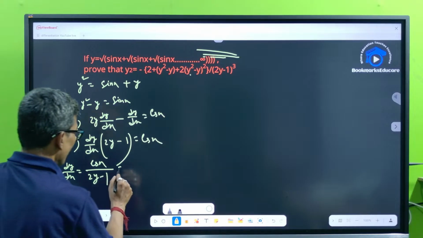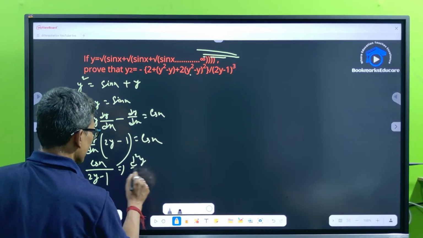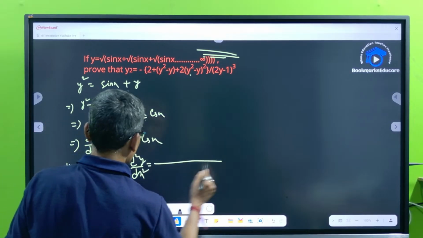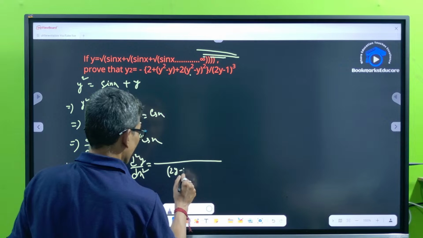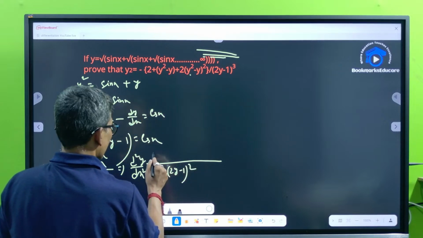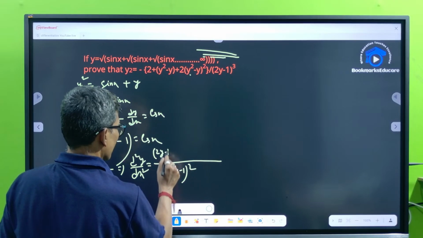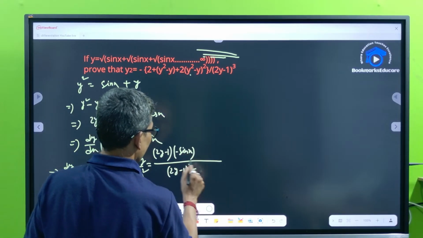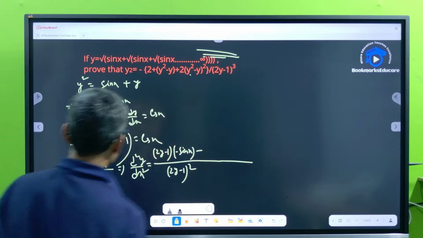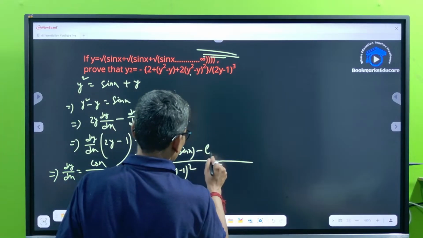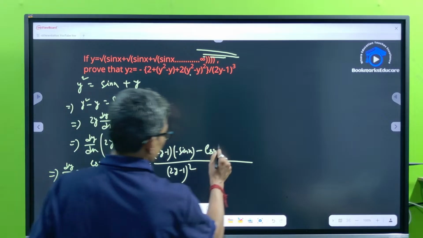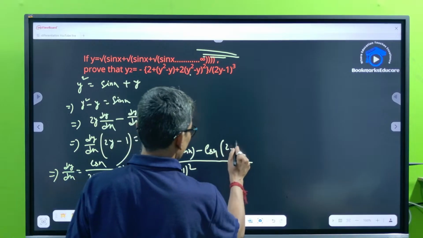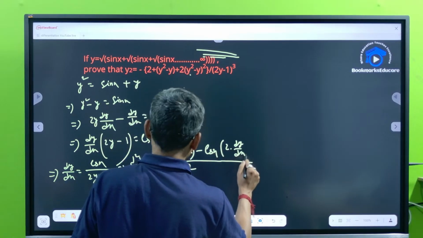So d2y by dx2 is equal to, over (2y minus 1) whole square, (2y minus 1) into minus sin x, minus cos x into 2 into dy by dx.